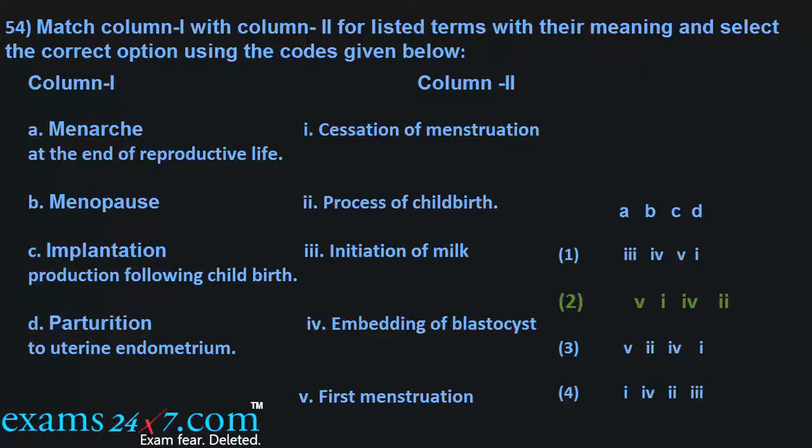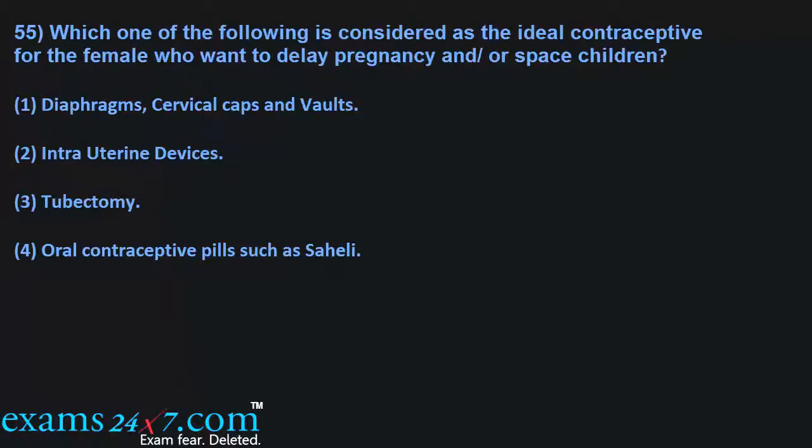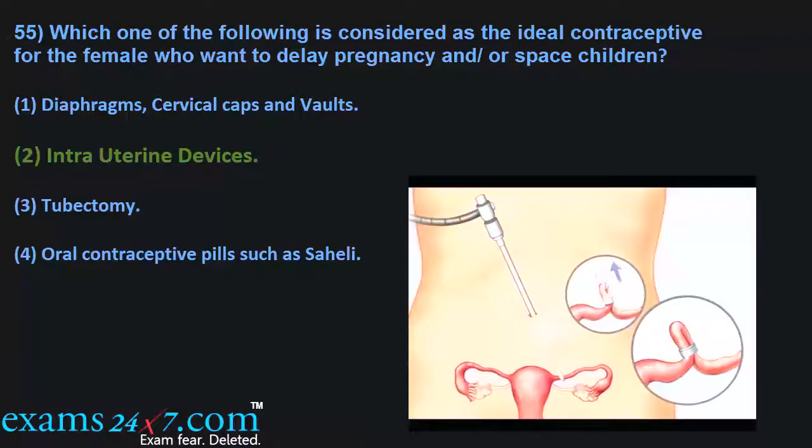Now we come to question number 55. Which one of the following is considered as ideal contraceptive for the female who want to delay pregnancy and or space children? So spacing method of contraception is use of intrauterine devices. So option 2 is the answer.